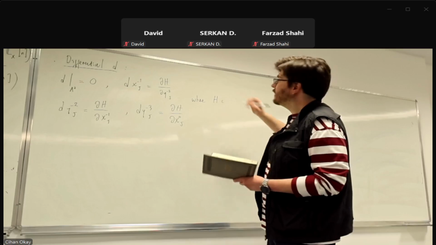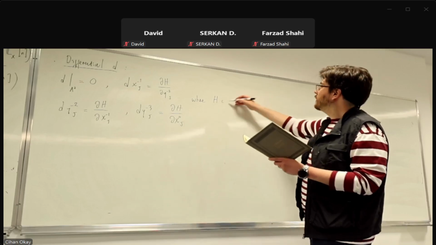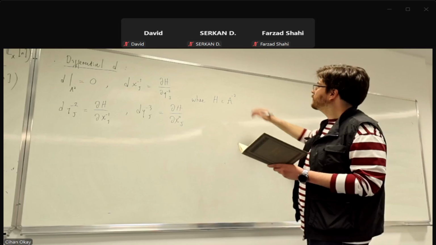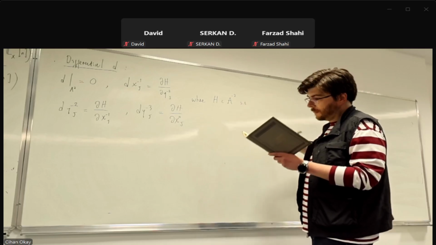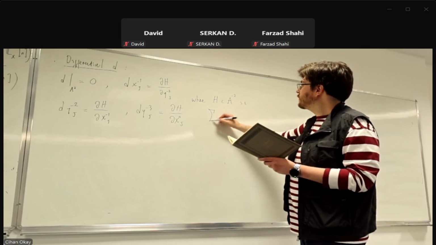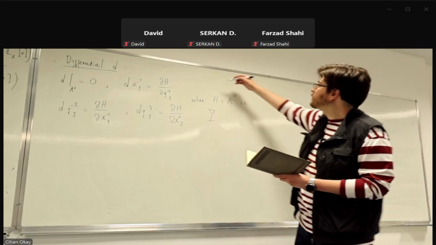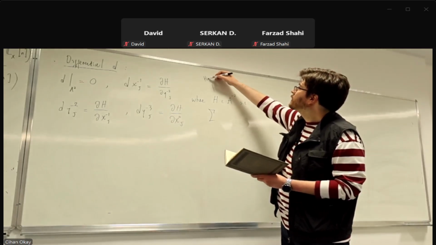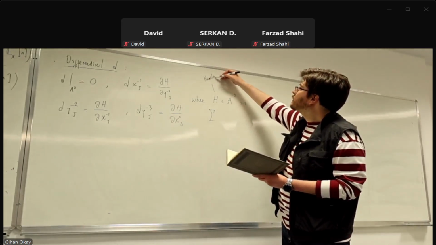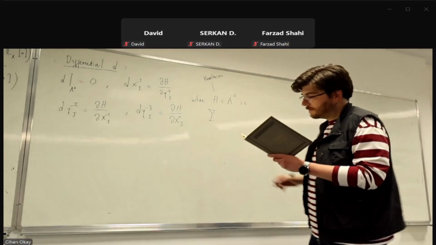Okay, something like this. And h is an element in A in degree minus 2, such that it satisfies the following property, what we call the classical master equation. So h is called the Hamiltonian.